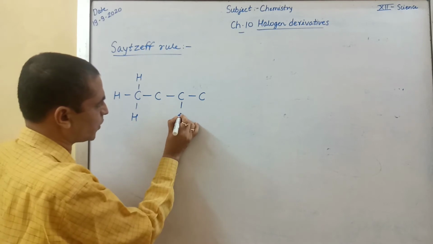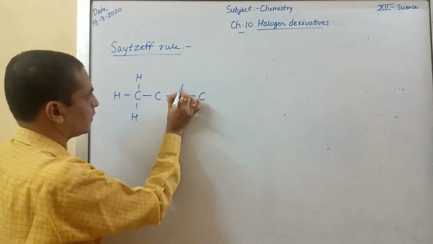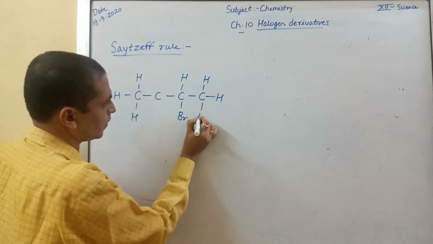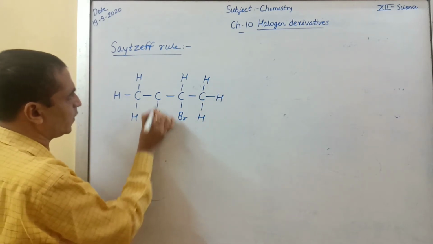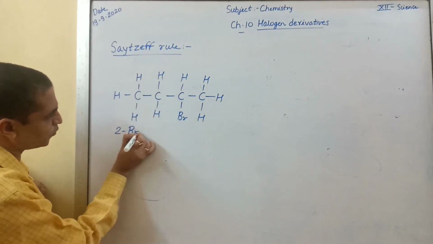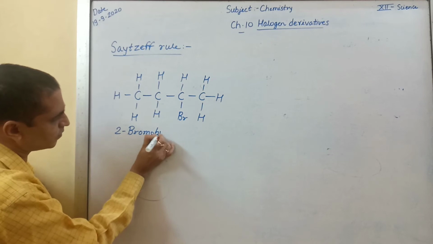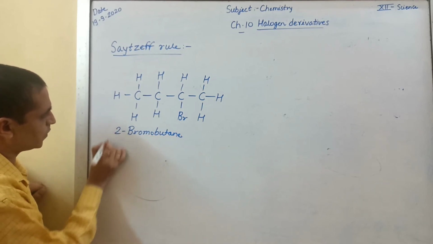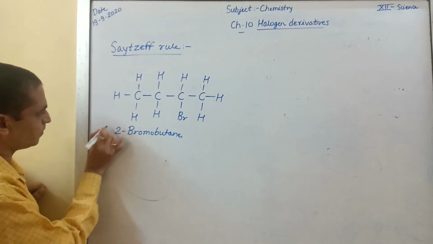Secondary butyl bromide. Here H. It is what? 2-bromobutane. It is the IUPAC name.